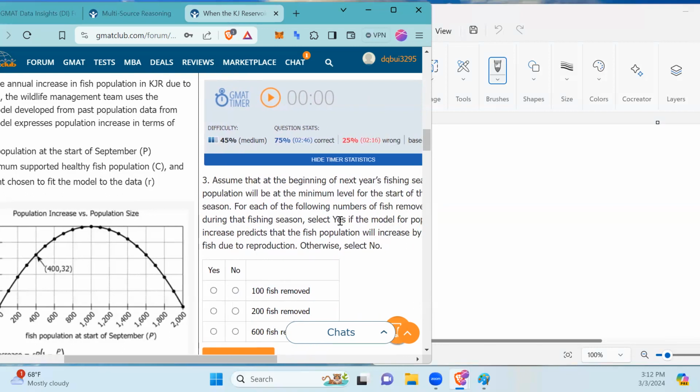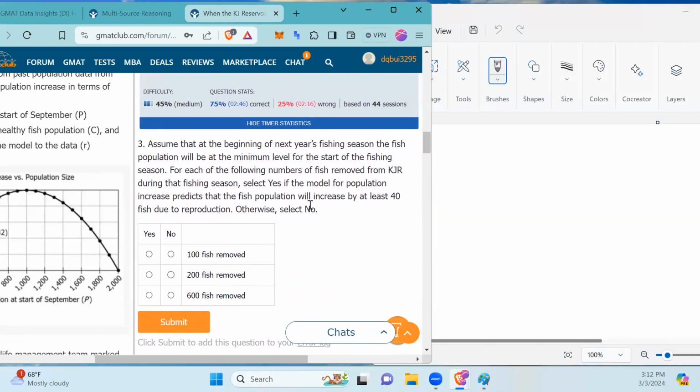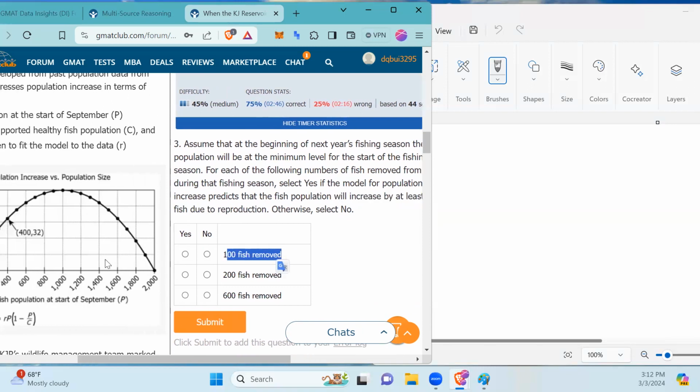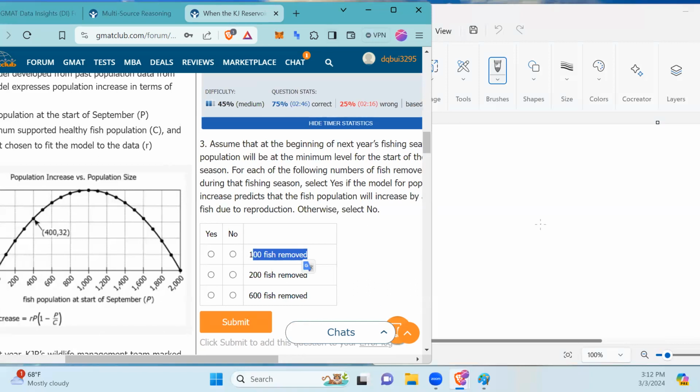Yeah, 40 fish. Okay, and the question is asking to select yes for cases where the fish population will increase by at least 40 fish due to reproduction. So do we select yes or no for this? Yes. We're gonna select yes.